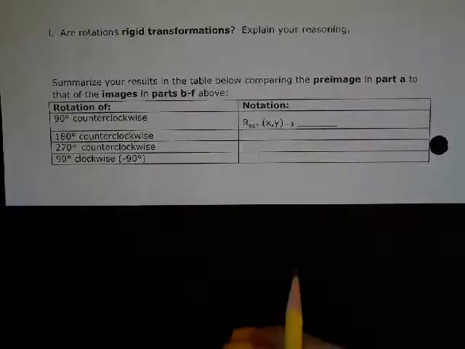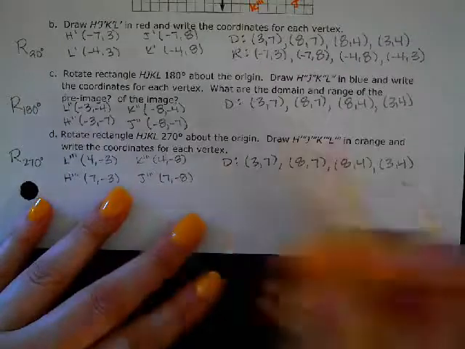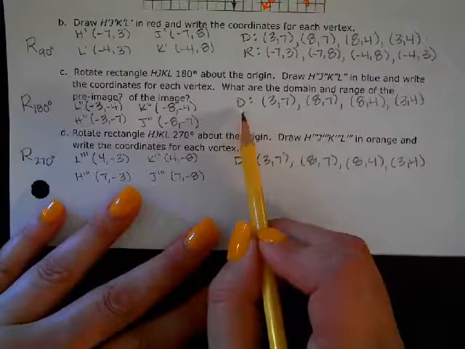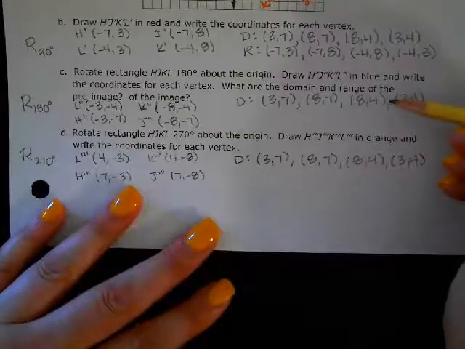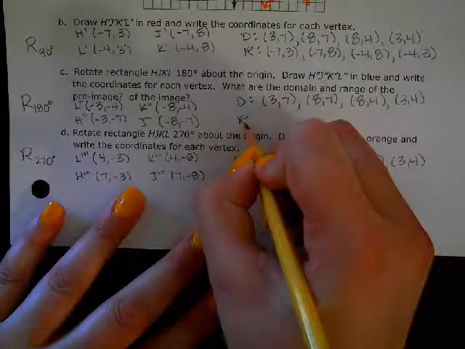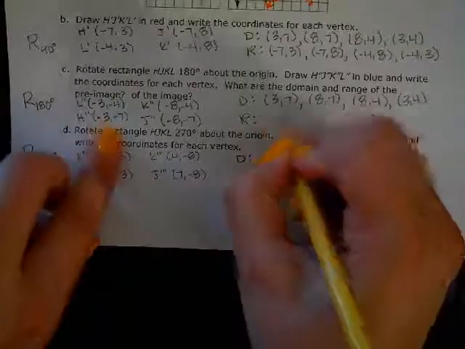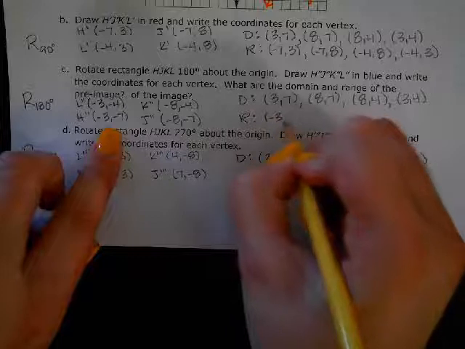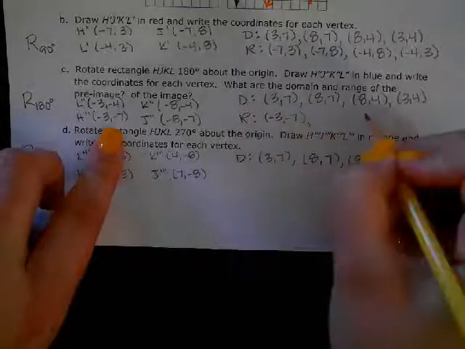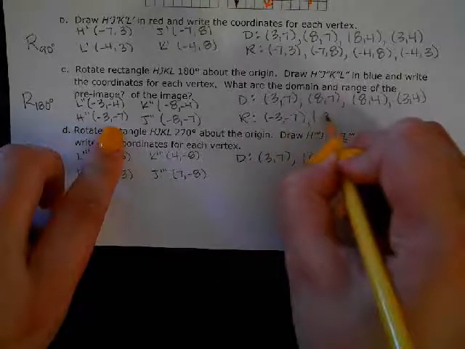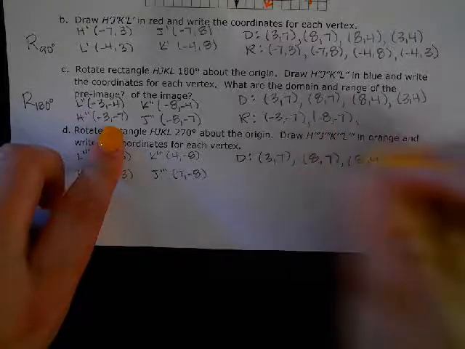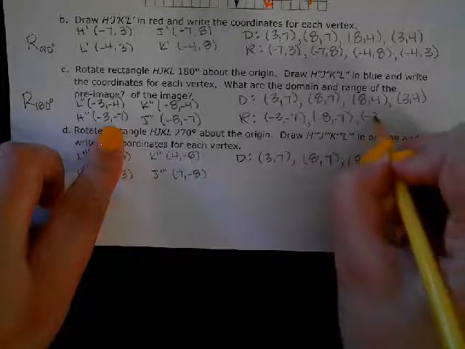Okay. So for the 180-degree rotation, the input was this. The output was -3, -7, -8, -7, -8, -4, -3, -4.